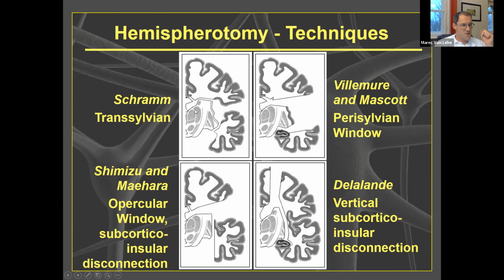So the transsylvian approach with some kind of resections is typical for the transsylvian hemispherotomy. I will talk mainly about the Schramm technique. Professor Schramm trained me in my time in Bonn, so I learned from him most of my skills.